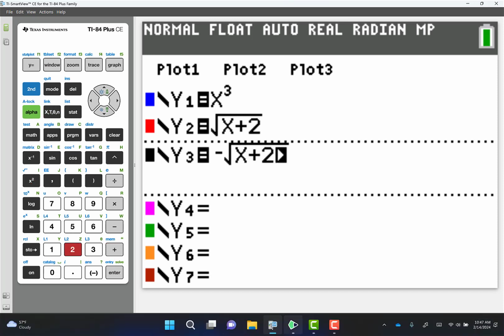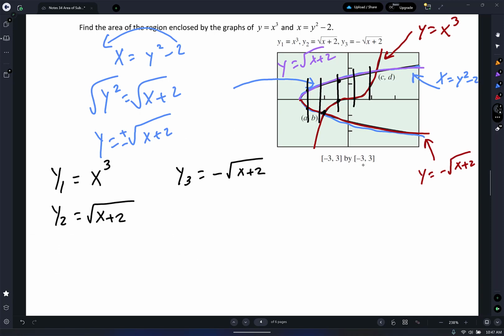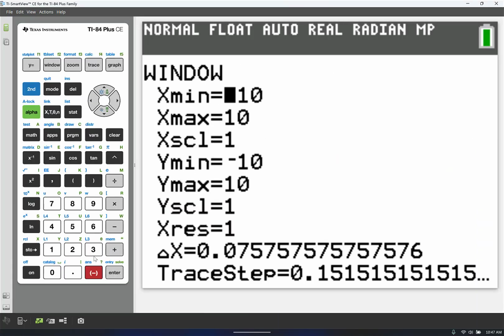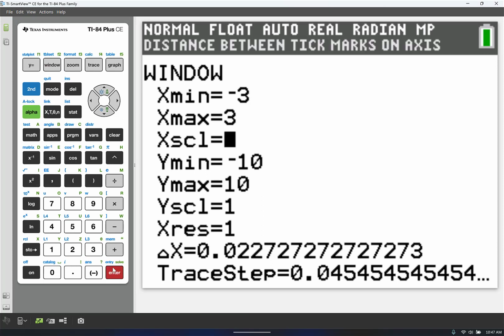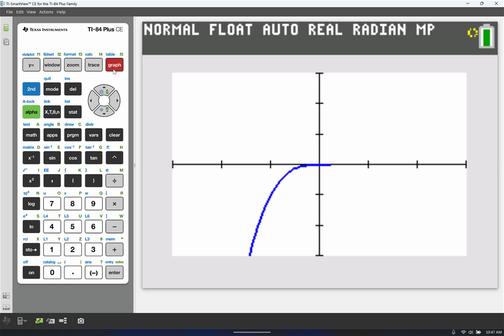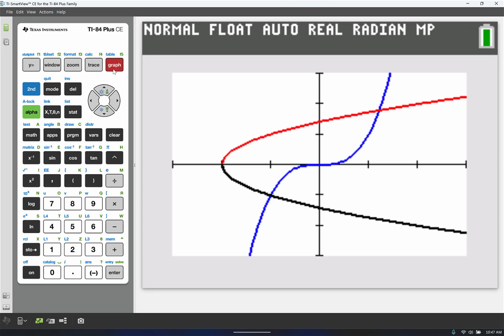And I want my window to look like that window, so window: x min negative 3, x max 3, y min negative 3, y max 3, sorry, lack of sleep. There it is. Do you guys see that region?